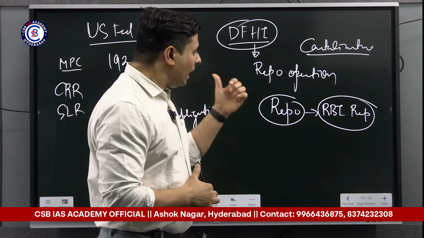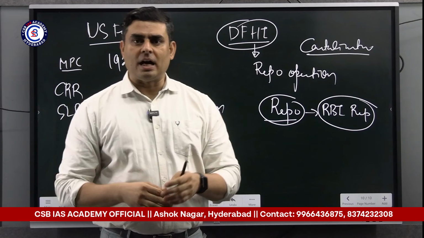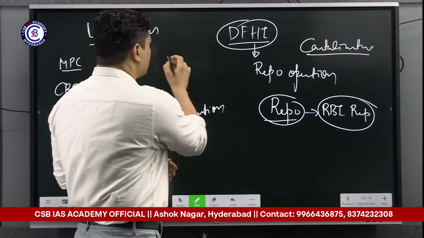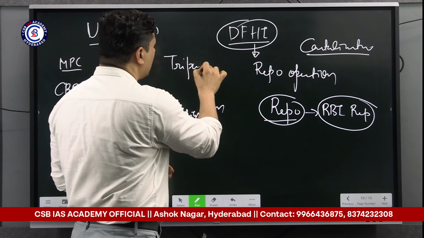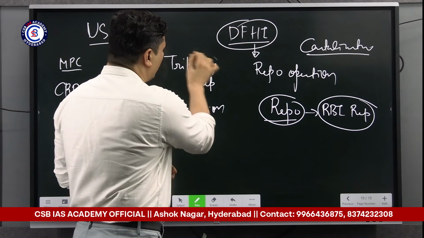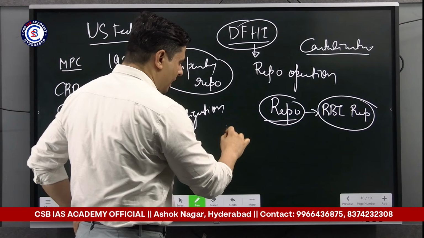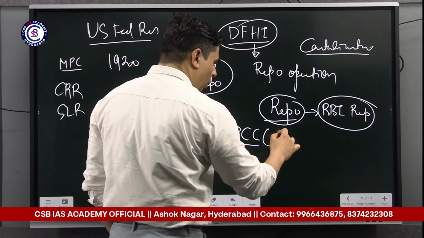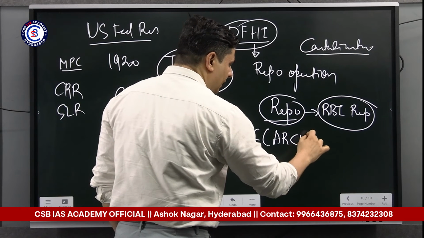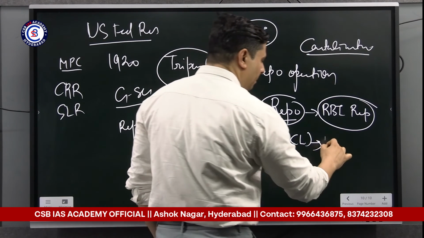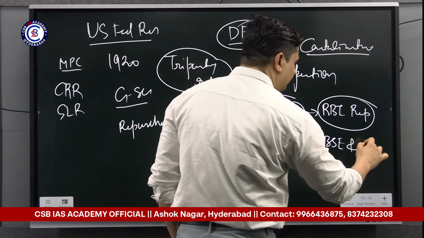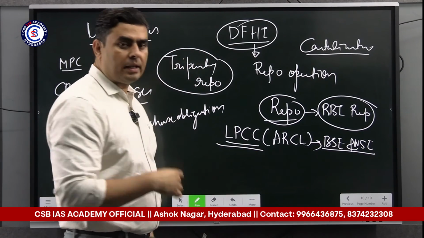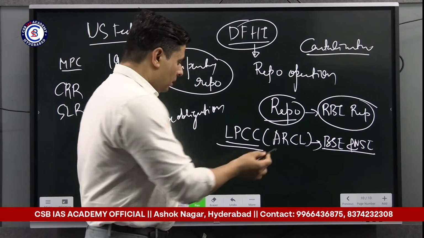Now, as I said, repo operations are basically for whom? Repo operations are for banking entities. But under this tri-party repo, there is a limited purpose clearing corporation, or LPCC. In the India case, BSE and NSE play the role of limited purpose clearing corporation. What is the purpose of LPCC?